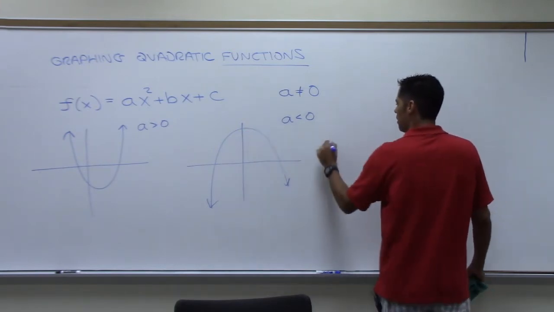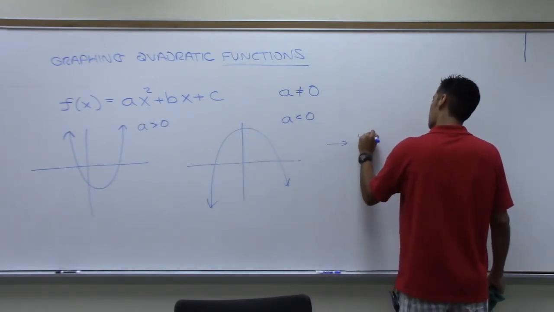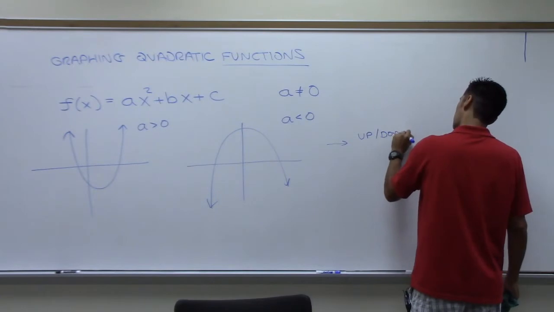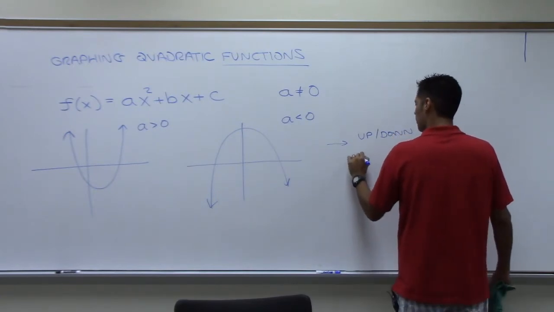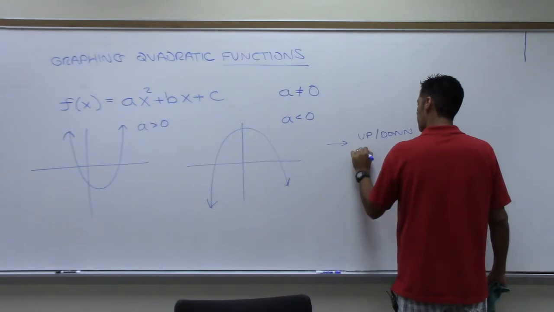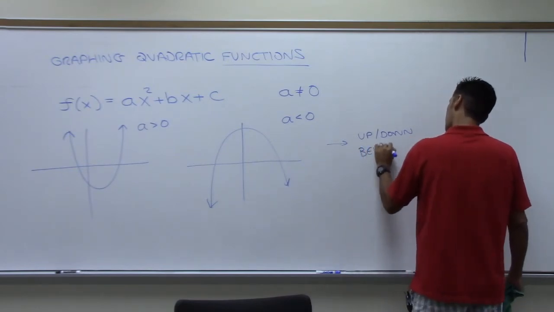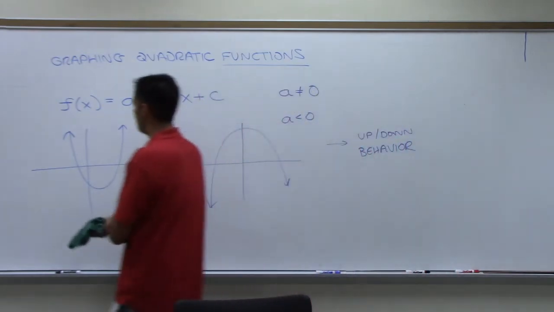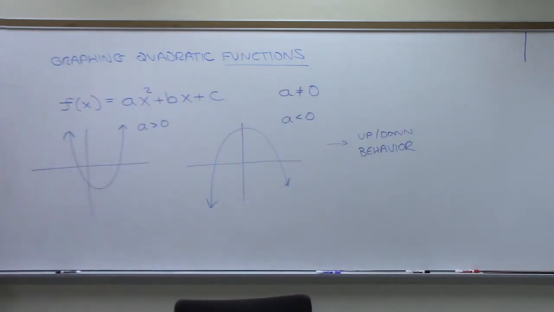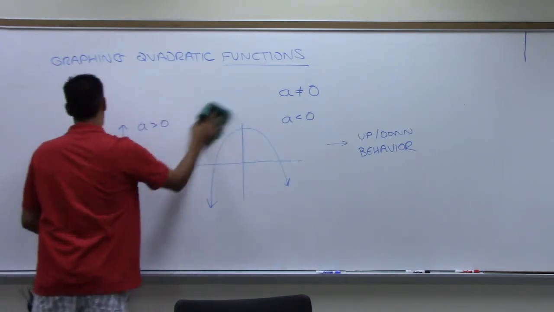I'm just going to say for both of these, this up / down is determined by A. Now there are some other characteristics of parabolas that we have, and I'm going to erase this.